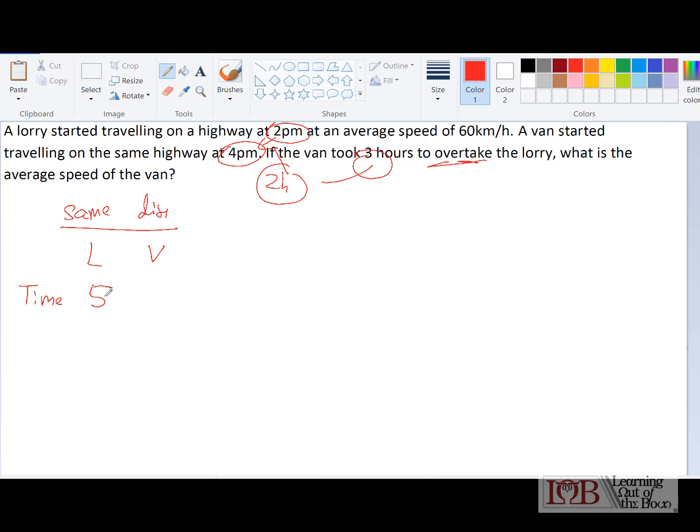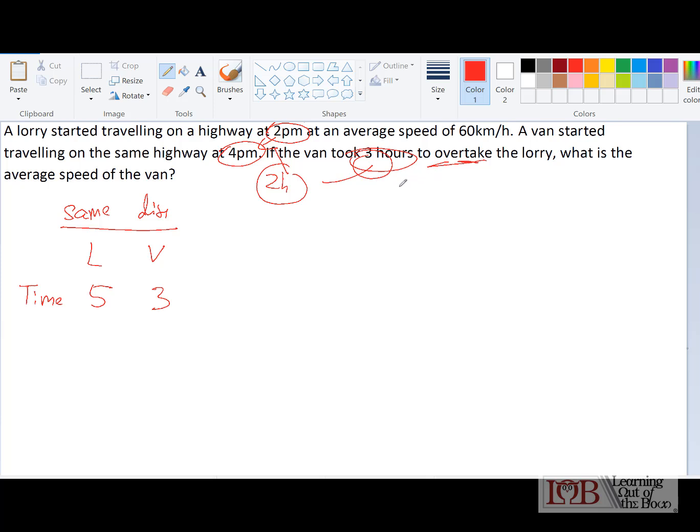For the lorry, it has been traveling for 2 hours, and you need to add another 3 hours. Then for the van, you just put 3, because 3 hours is the total time that the van has traveled.